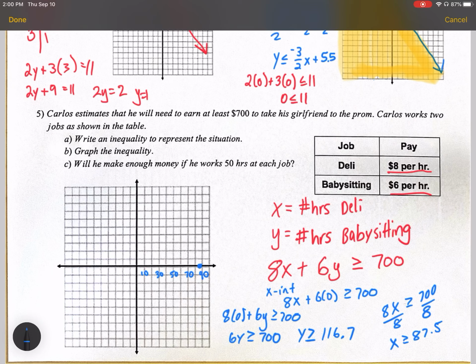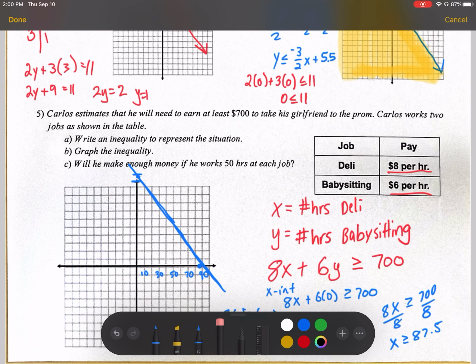Okay, so we only went to 100. So let's make another one that would be 110. And this is going to be 120. So our graph here is going to be somewhere closer to 120. And then we could draw a better line than I did.